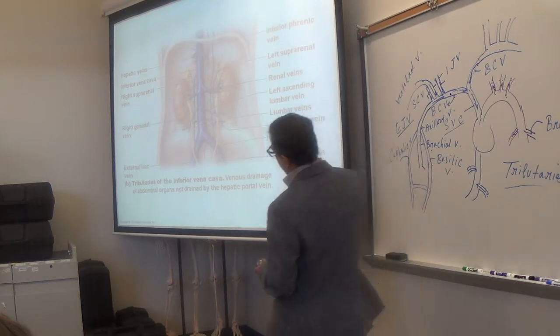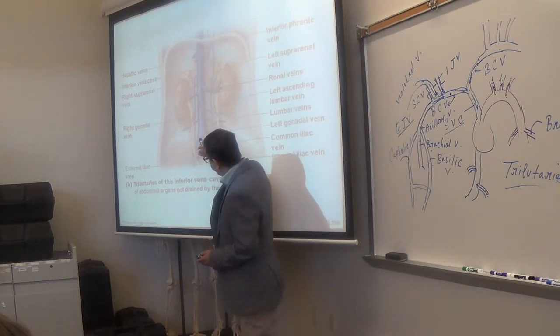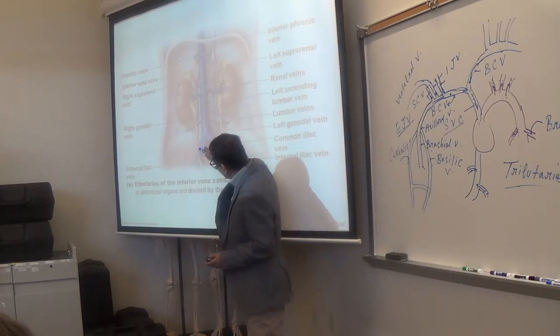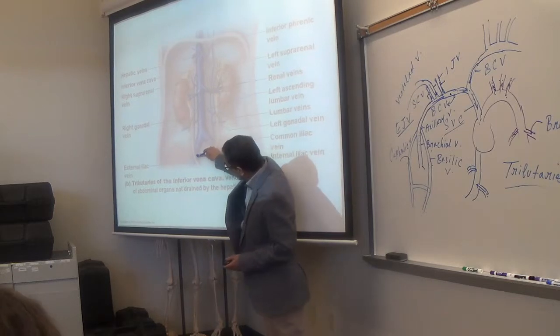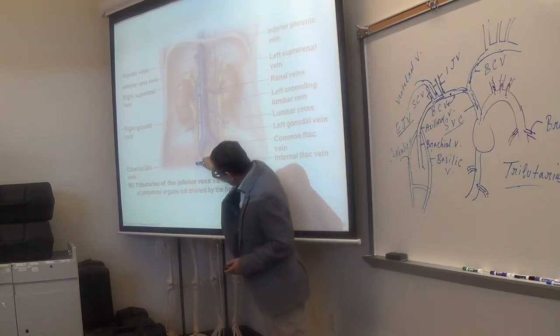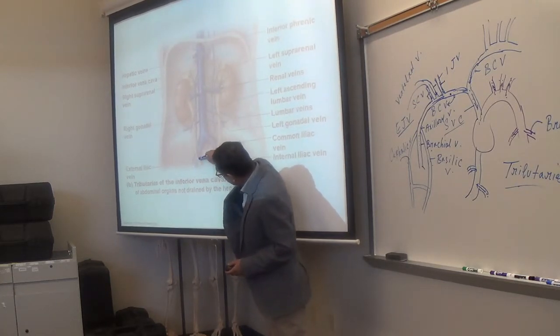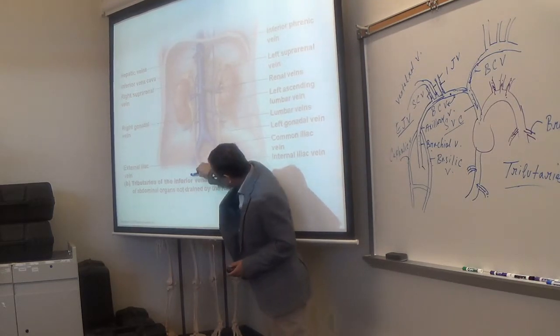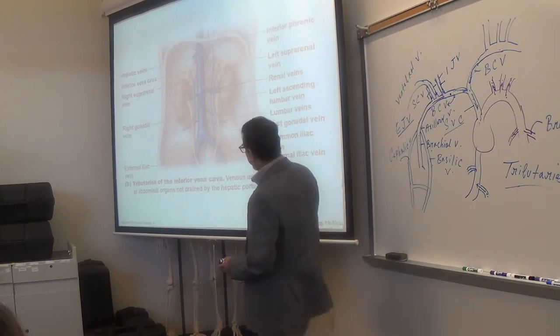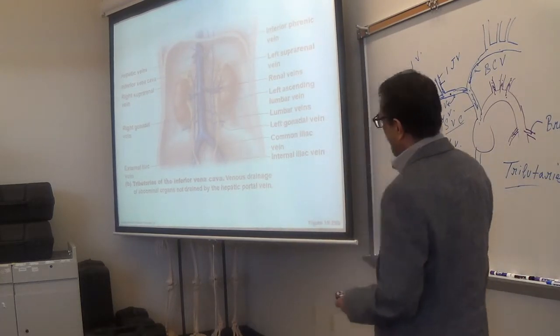Then the lower end of the inferior vena cava divides into common iliac. So this is right common iliac, left common iliac. Then common iliac divides into external, which is much bigger than internal. So common is from here to here. Then external, then internal. When it divides, there is no more common.